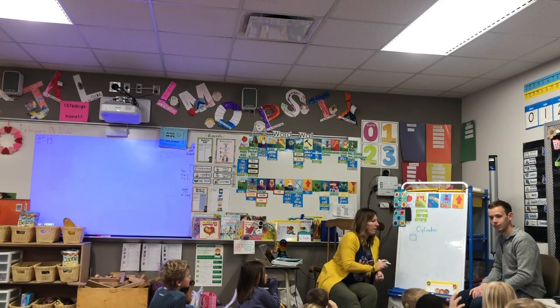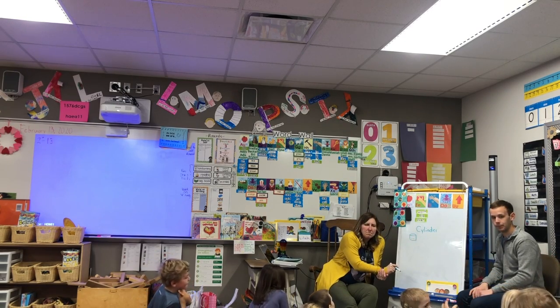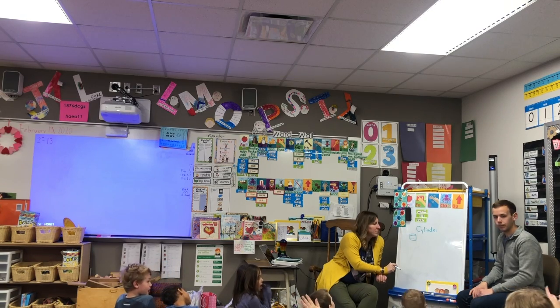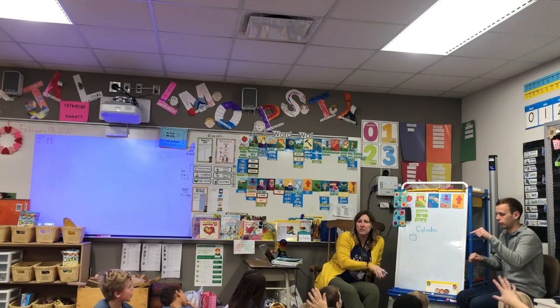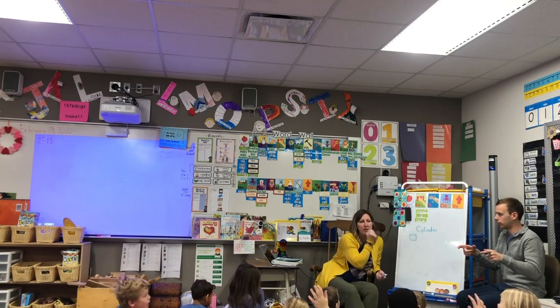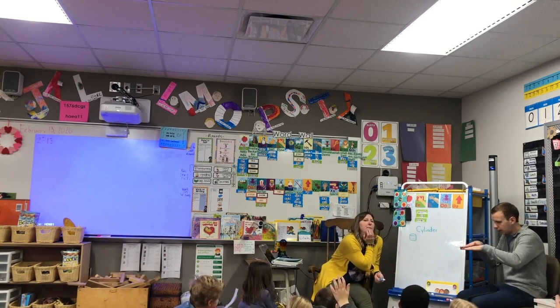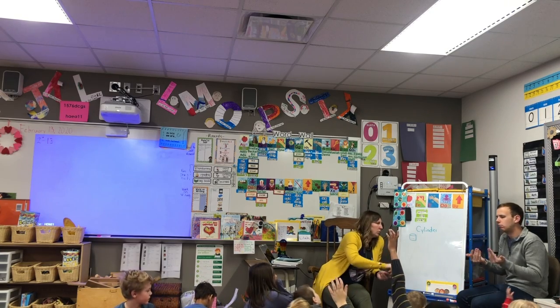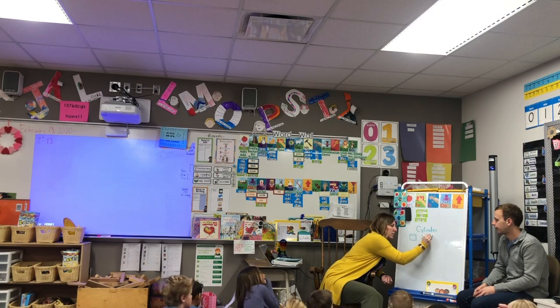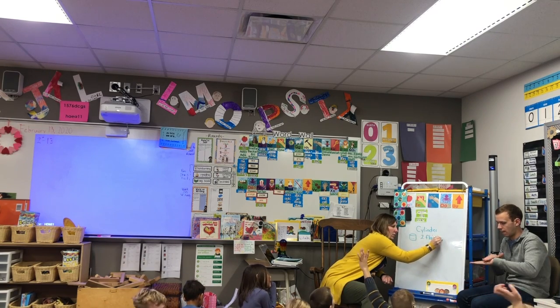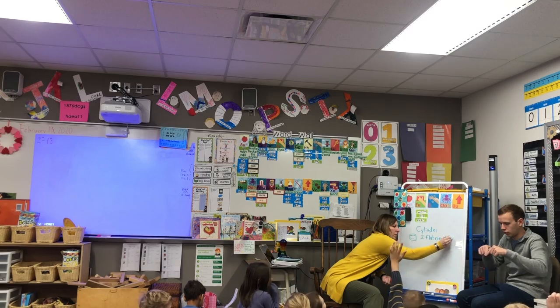A cylinder has two faces that are circles. That's correct. It has two circle faces. Remember the flat part of the shape? So we'll say two flat circle faces. What else?